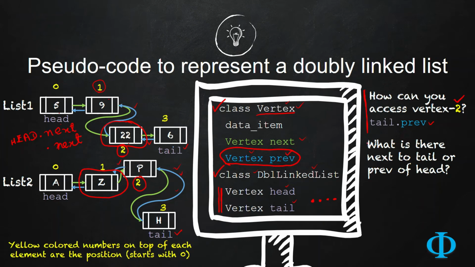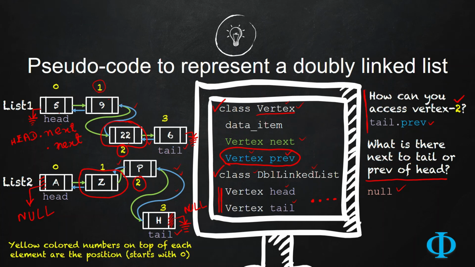The other question is, what is there next to tail and also previous of head? In both cases, you can think that there is null, in case of the end of tail or in case of previous of head. In both cases, there is actually a null value in all the linked lists, in here as well as in here.